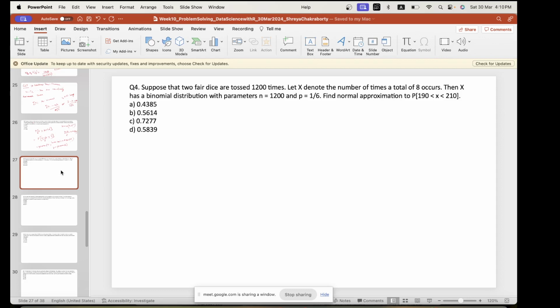So find the normal approximation to the probability 90 less than X less than 210. Here, what do we do? So X follows binomial(1200, p) and p is given as 1 by 6.